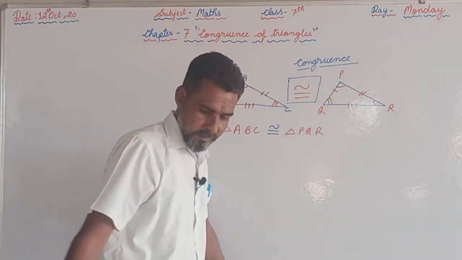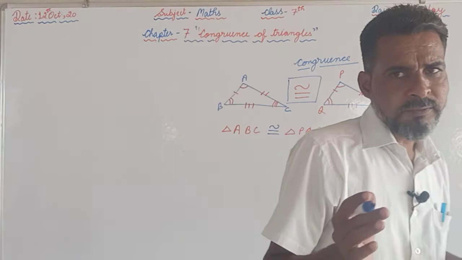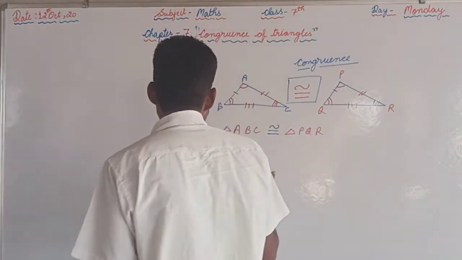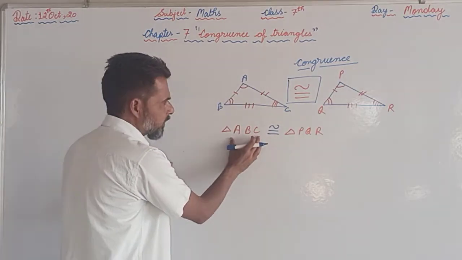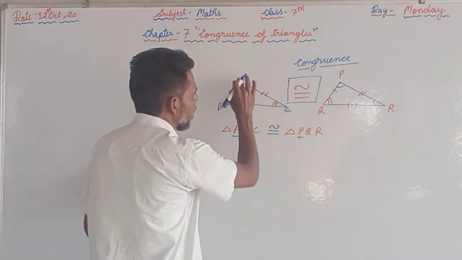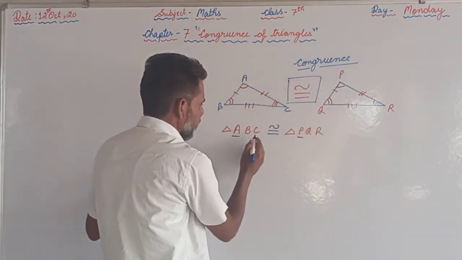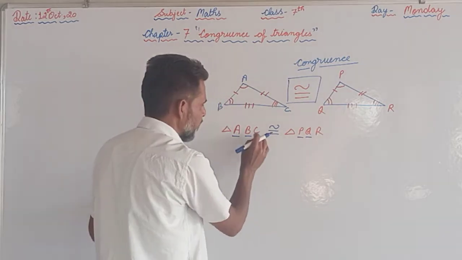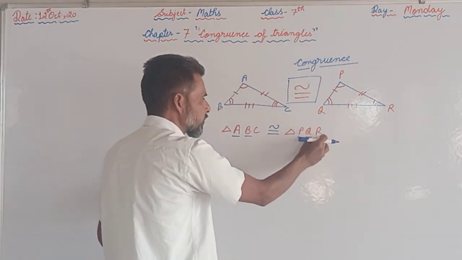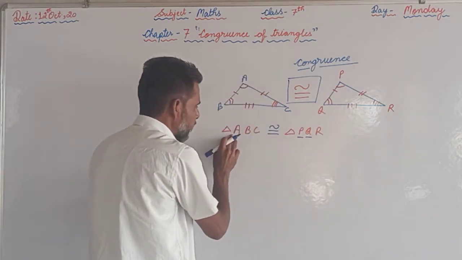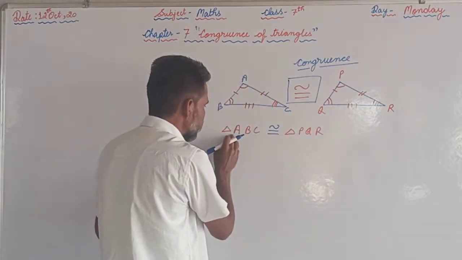Now the important thing is that the corresponding parts will be equal, and we can assess that from the naming as well. If ABC is congruent to PQR, it means angle A will be equal to angle P, angle B will be equal to angle Q, and the last one will be equal to the last one, angle C is equal to angle R. At the same time, we can consider the sides also from here.